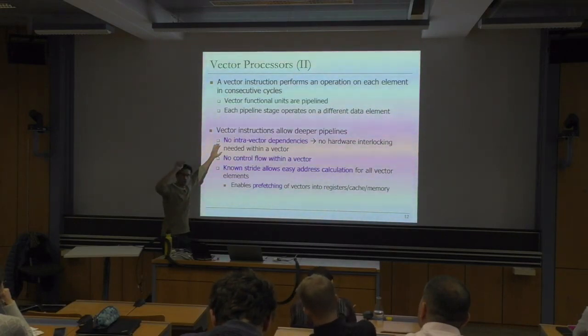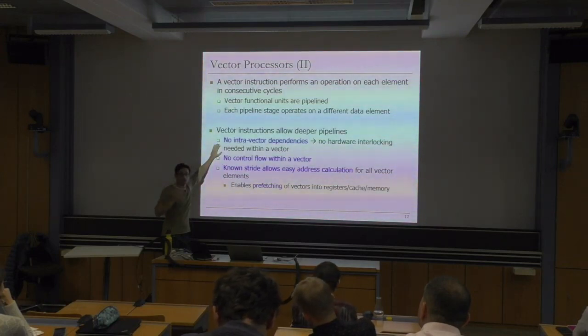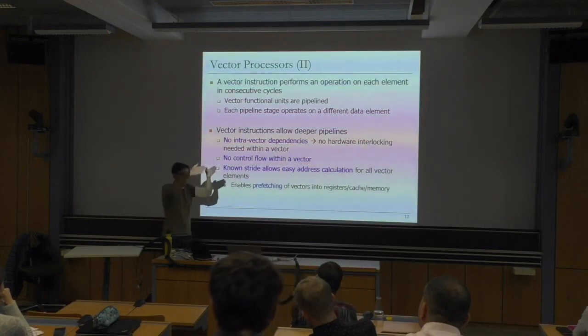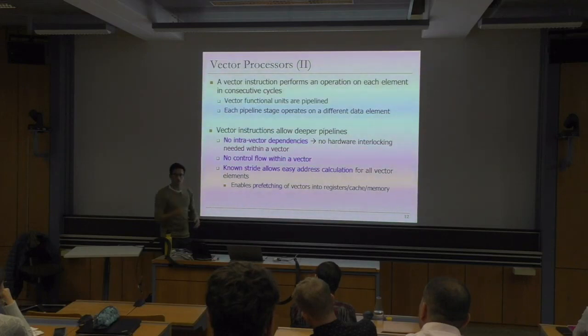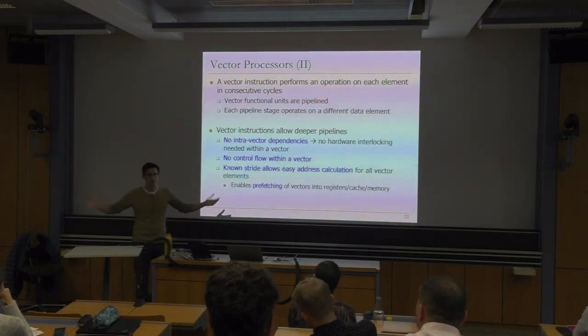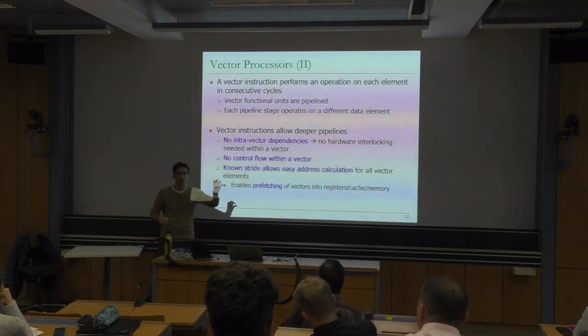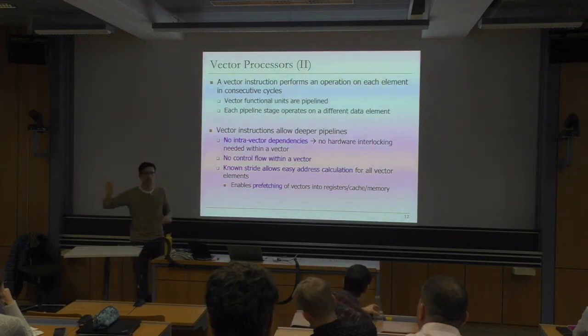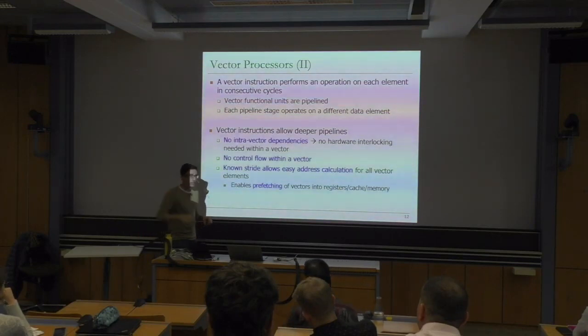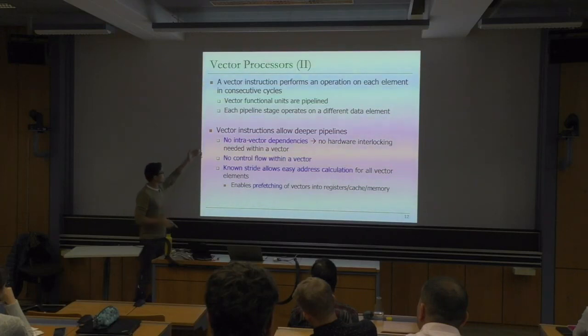We start the operation on every single element in consecutive cycles, and the computation that we apply to the different vector elements is completely independent of each other. Whatever I do with element A0 or element B0 is independent of what I do with element A15. So there are no intra-vector dependencies.